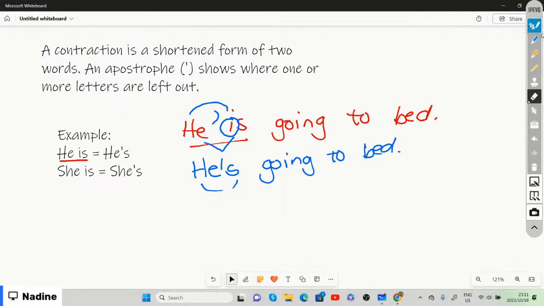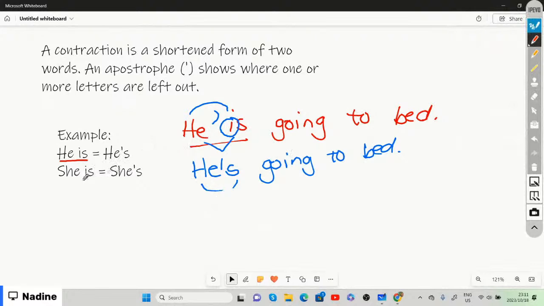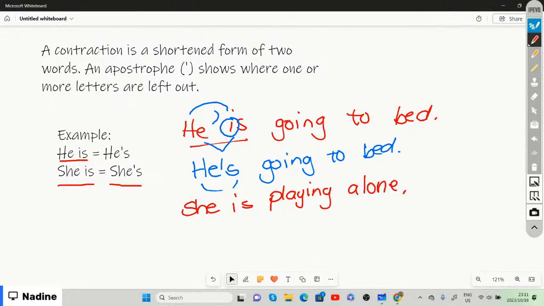Let's look at the second example. She is, right? Instead of saying she is, we can say she's. For example, she is playing alone.